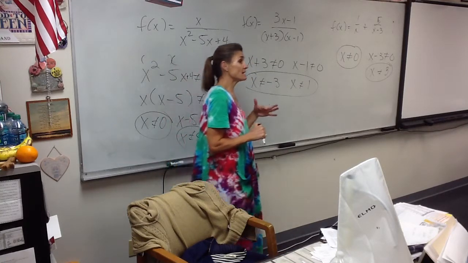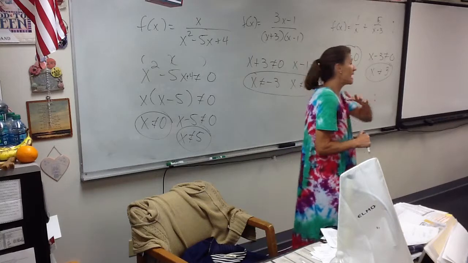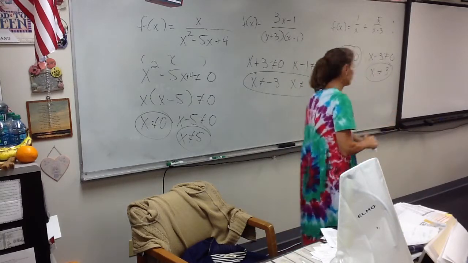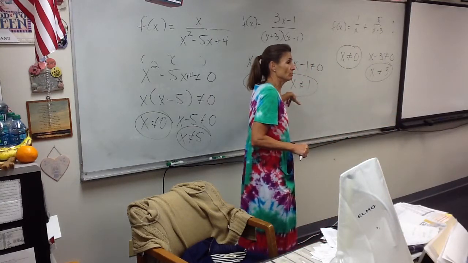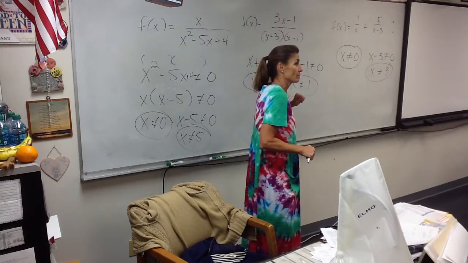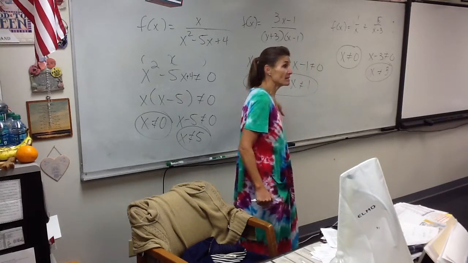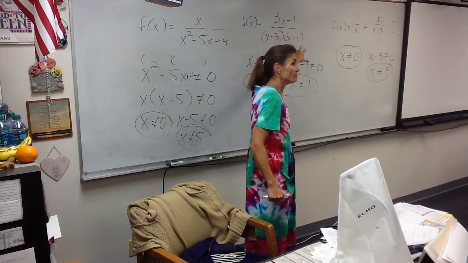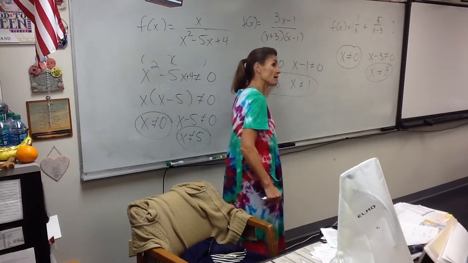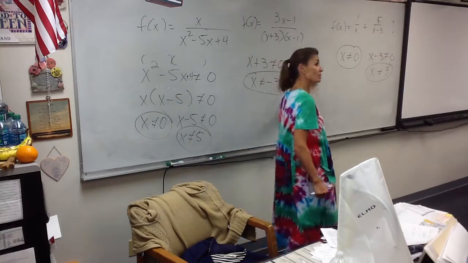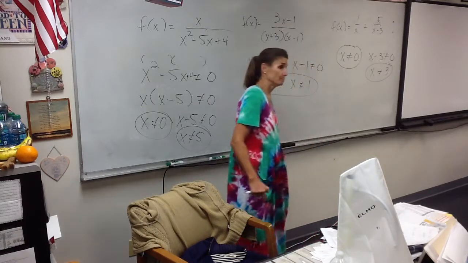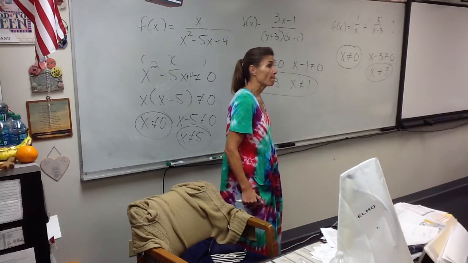So your domain, technically then, is every number in the whole wide world except those 2. And we learned yesterday, and are going to continue today, that if I graphed this problem, I would have an asymptote at -3 and an asymptote at 1. So are we supposed to like that?